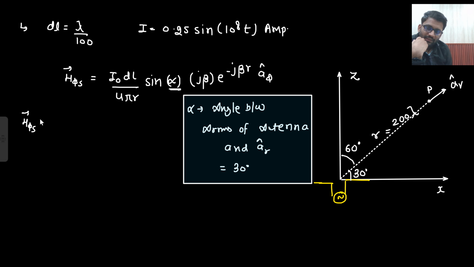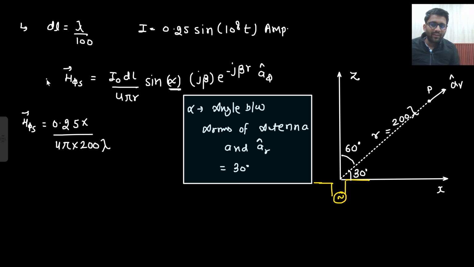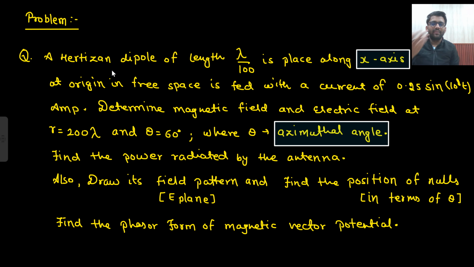So H_phi s. Do I have the I0 value? Yes. Do I have the r value? Yes. Do I have the dl value? Yes. How did I get to know that I need to apply this formula? I got to know because of this length. This length shows that it is a Hertzian dipole. Did they mention it is a Hertzian dipole? Okay, they mentioned.